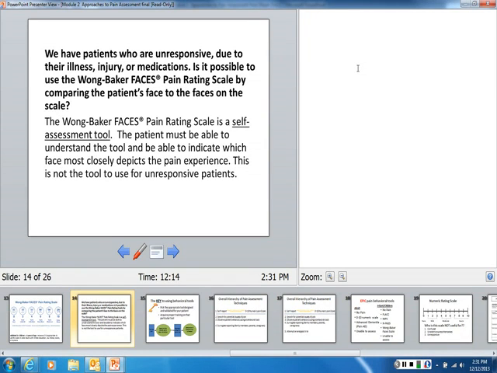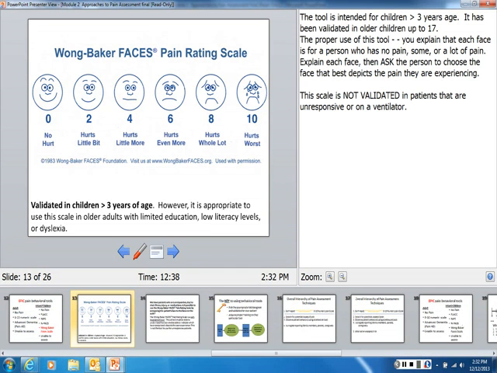And their answer on the website is the Wong-Baker FACES pain rating scale is a self-assessment tool. The patient themselves must be able to understand the tool and be able to indicate which face most closely depicts the pain experience. This is not the tool to use for unresponsive patients. So in general, this tool is restricted to children.